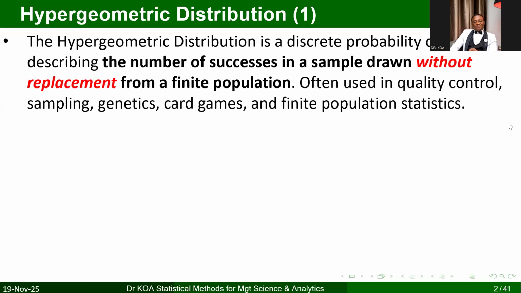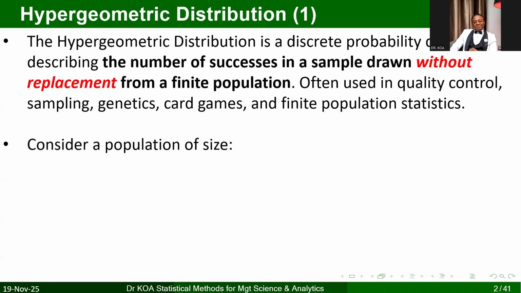Now, sometimes in real life, you apply it in genetics, games, finite population statistics, quality control, even in performance measurement. It's a very useful distribution and it's so easy to use, and you see how it compares with the binomial or negative binomial distributions.